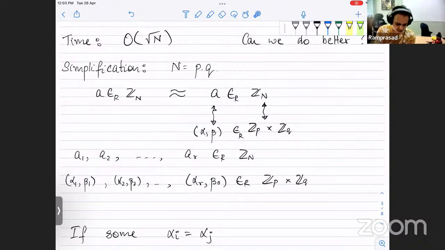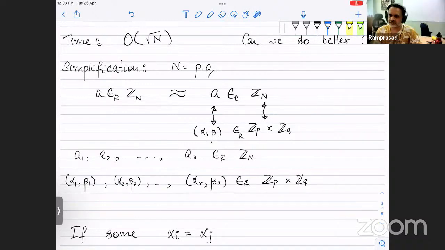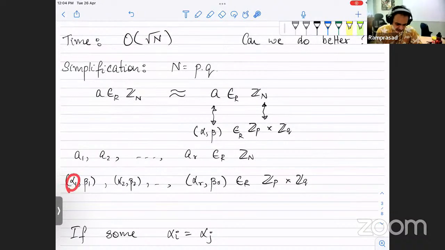No, I don't know if these A1, A2 are all distinct. I'm just saying if they were distinct, then they have to be different. Let's assume they're all distinct, for instance. But suppose somehow two of the first coordinates happen to be the same. Then the second coordinate should be the same. No, but why should the second coordinate be the same? Because you have taken the isomorphism, right? So for example, it could be the case that alpha 1 is equal to alpha 2, but beta 1 could be different from beta 2.